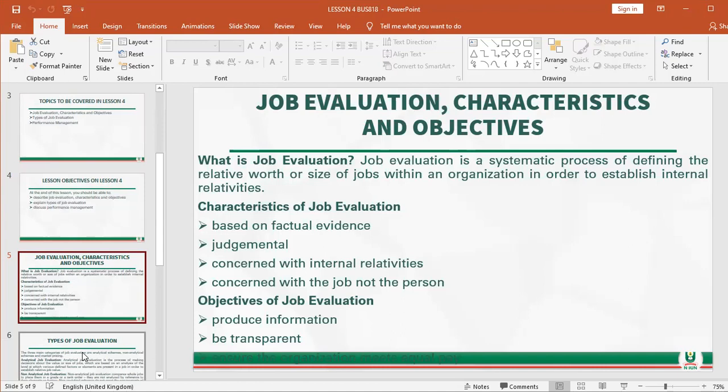Our definition on our slides here is: job evaluation is a systematic process of defining the relative worth or size of jobs within an organization in order to establish internal relativities. So I'm just going to briefly let you understand the meaning of what job evaluation is all about.